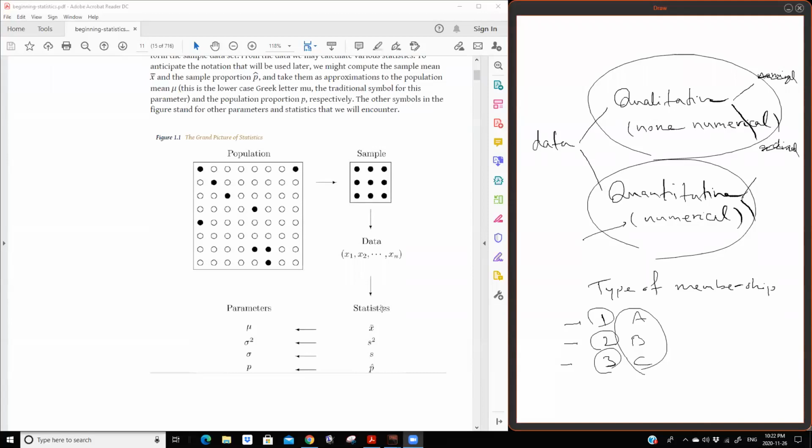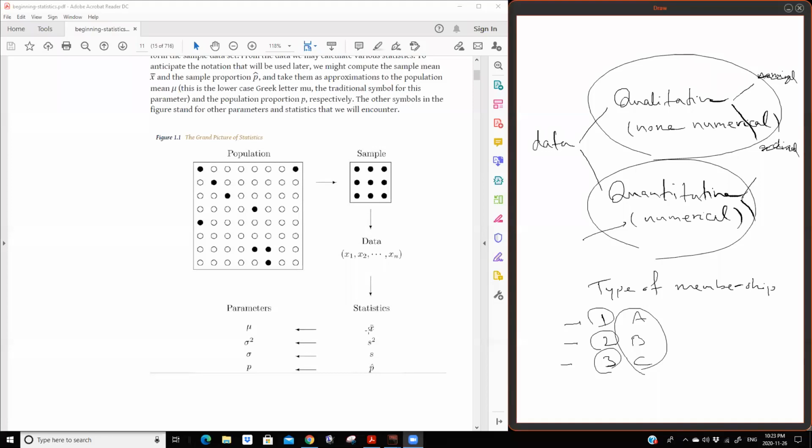Based on this data, you calculate some statistics like the sample mean, the sample variance, the sample standard deviation, or a sample proportion, like the proportion of the students who have cars, or the proportion of the students who are married.